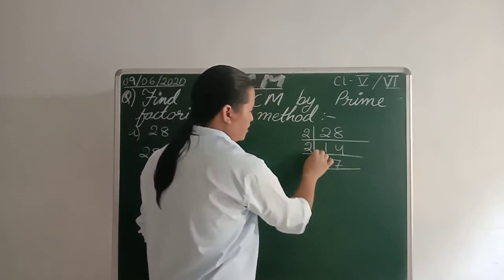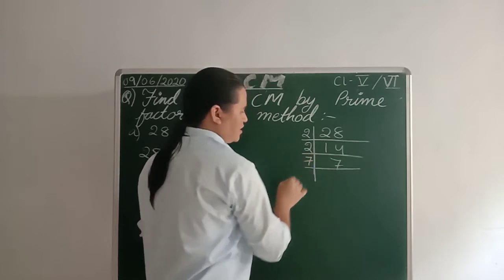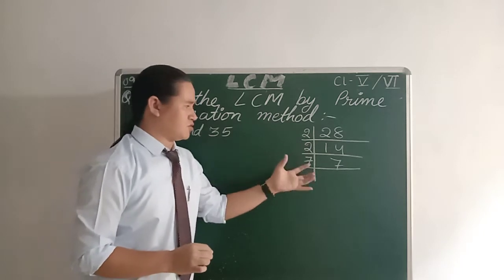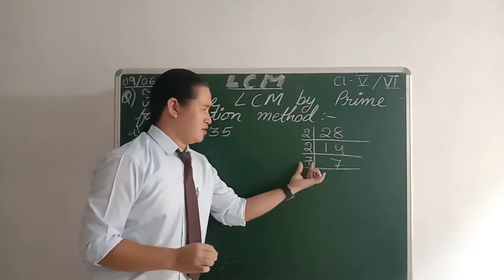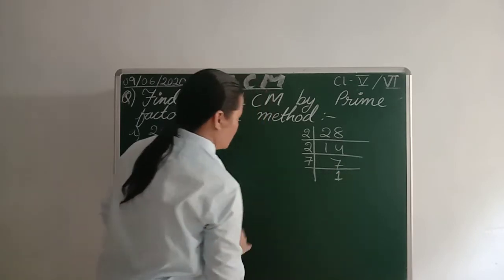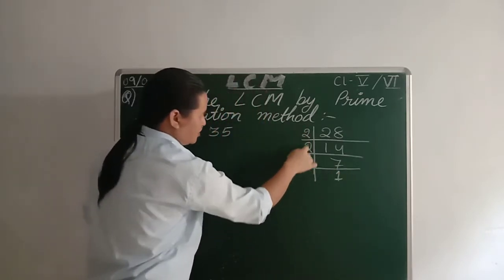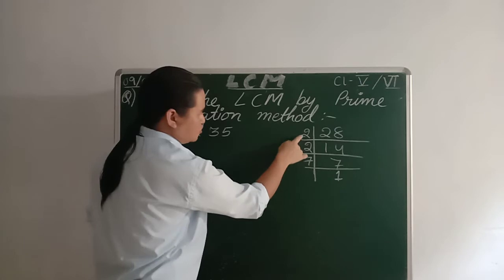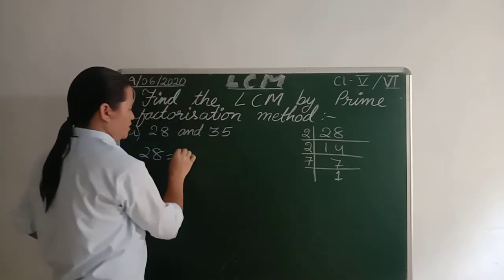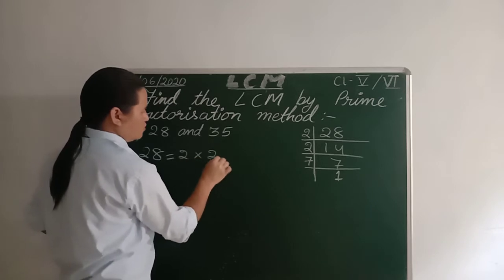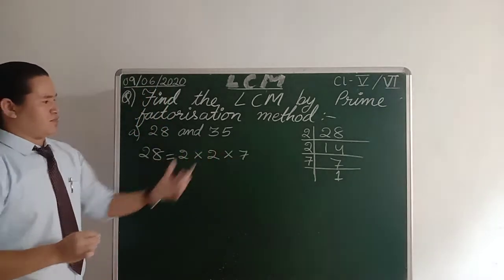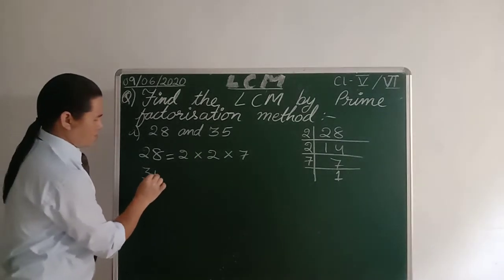Now this remaining 7 we cannot break down by any other number. So you select 7, and 7 ones are 7. Now whatever numbers are in the right column, the factors, 2, 2, 7, you write here: 2 into 2 into 7.